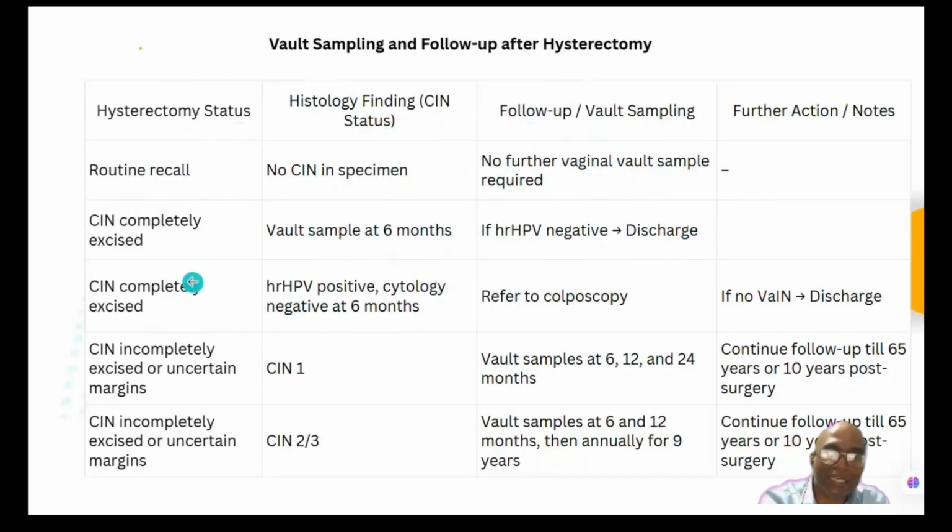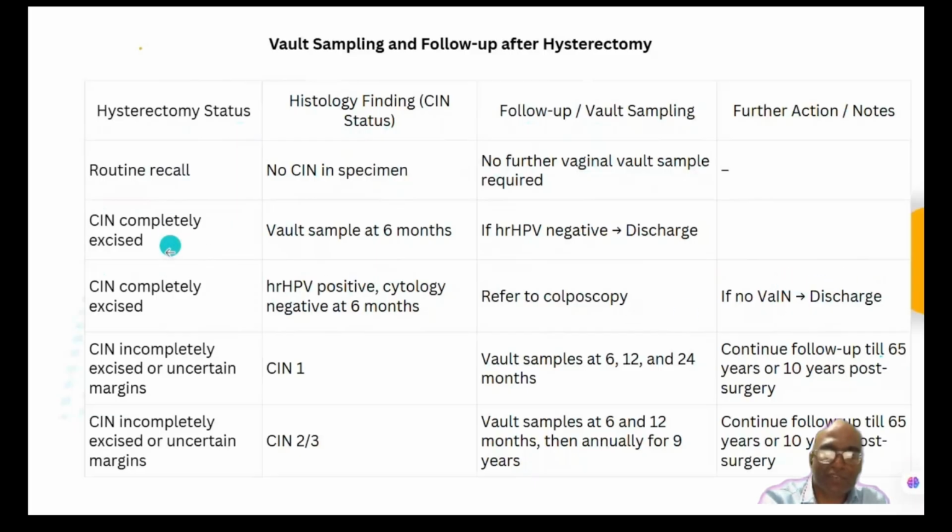Okay, but you have a CIN which is completely excised, you have done the TOC, and your test of cure becomes positive. Now she becomes HRHPV positive at the end of 6 months. Obviously she will be referred for colposcopy, and if there is no VaIN, that is vaginal intraepithelial neoplasia, then she will be discharged. Even if the HRHPV is positive, and the cytology is negative, she will be referred for colposcopy. But if there is no VaIN, then she will be discharged.